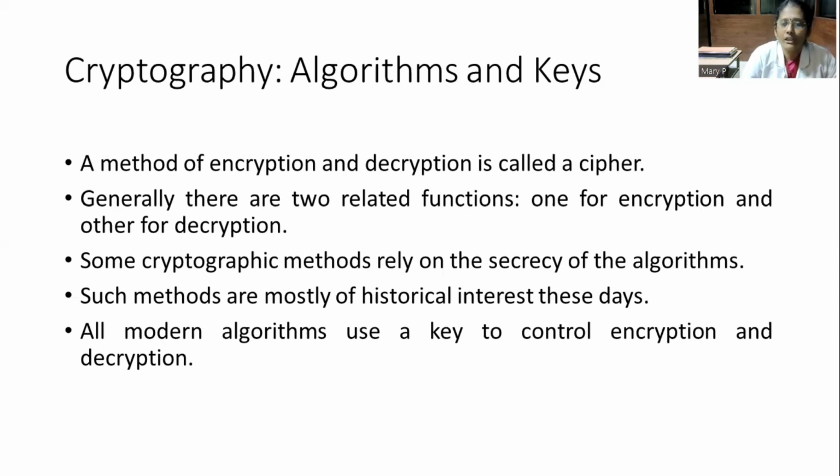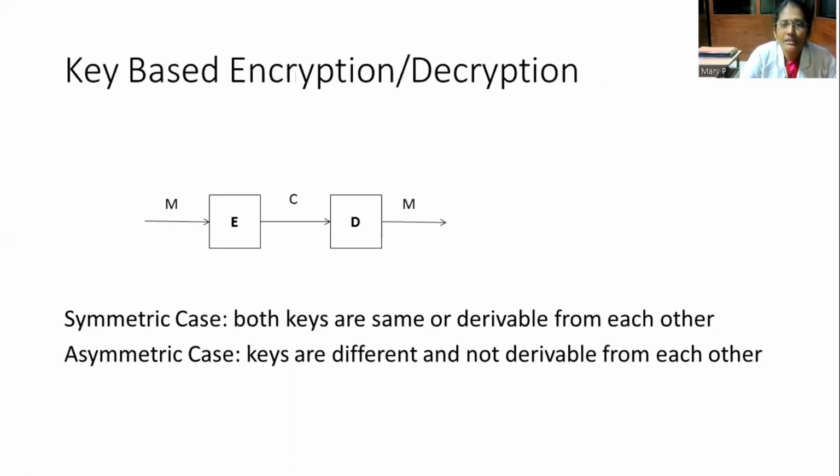All modern algorithms use a key to control both encryption as well as decryption. So, key-based encryption and decryption: for doing that, we use the keys, not only the message or the ciphertext as input. We use the keys to convert the original message into ciphertext.